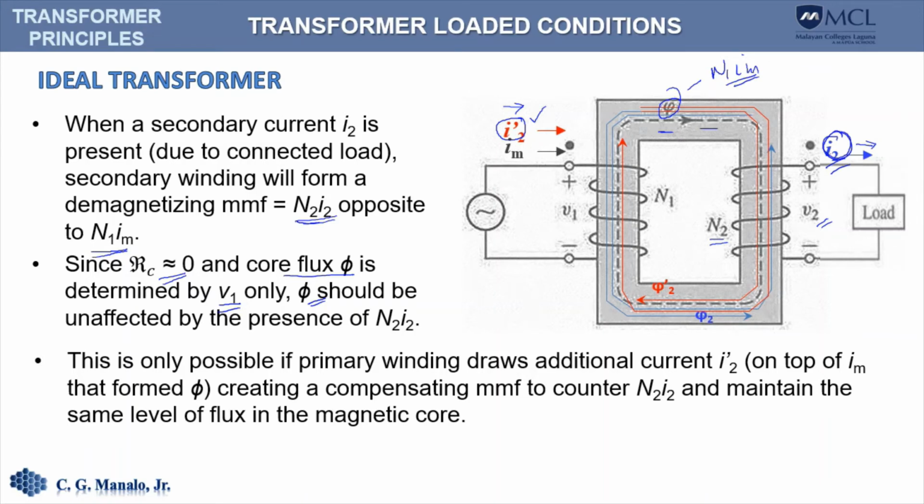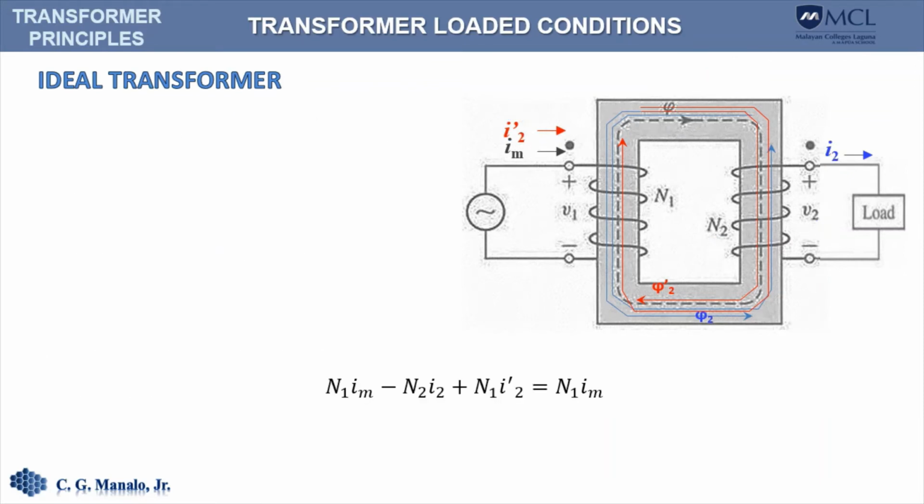In a similar manner, if the current drawn by the load decreases, the current drawn by the primary will also decrease. So here is what is happening. Originally we have N sub 1 I sub m to form the flux inside the core. The load draws a current I sub 2.